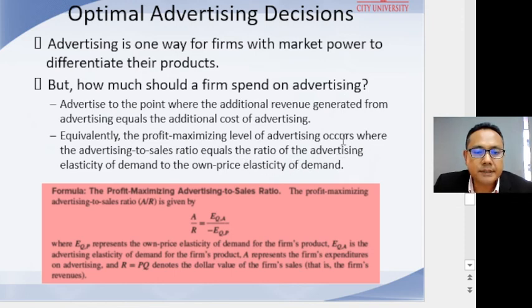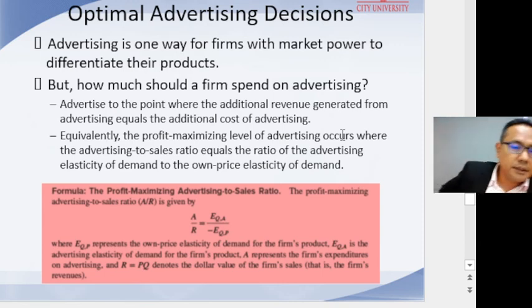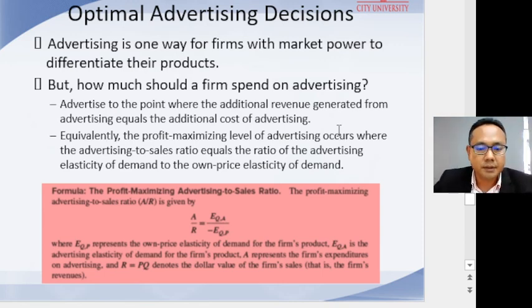Normally a monopolistically competitive firm will spend a fraction of its revenue on advertisement.